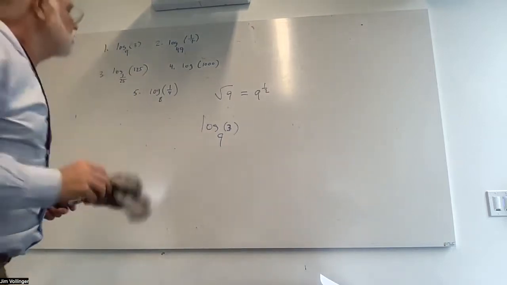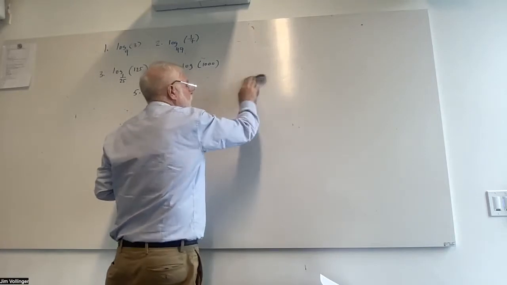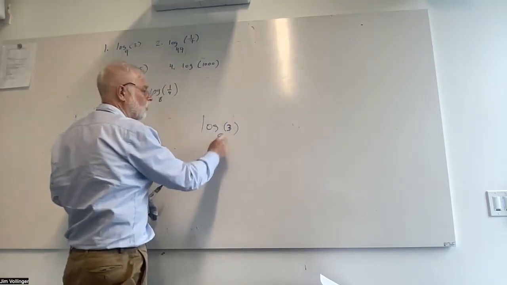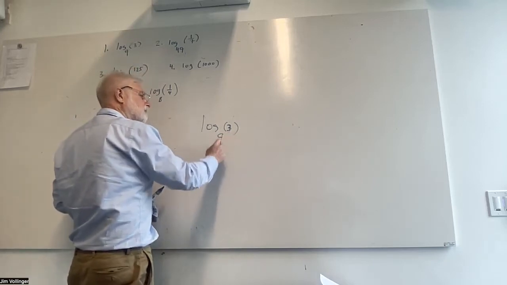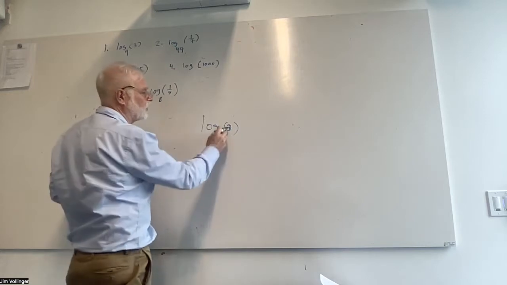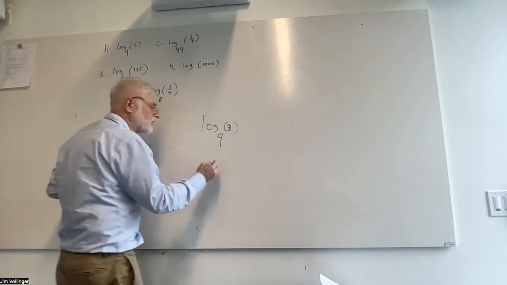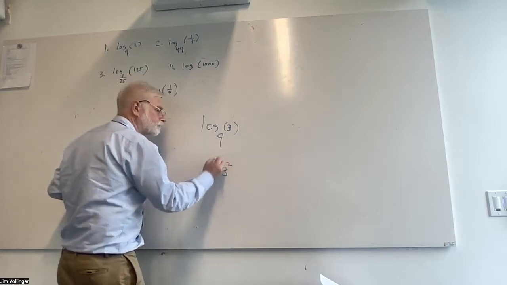But how do we take more difficult problems and get that answer of 1/2? Well, we have to write the quantity in the base notation. Let me cut to the chase and just do the 5 problems. So I'm going to change the number 9 to 3 squared.